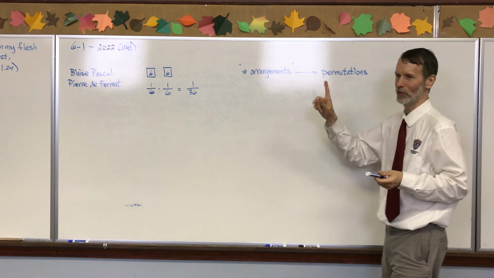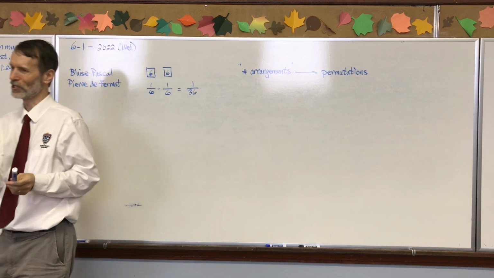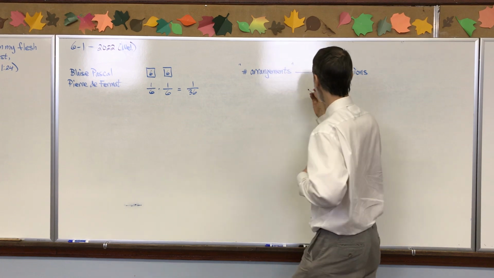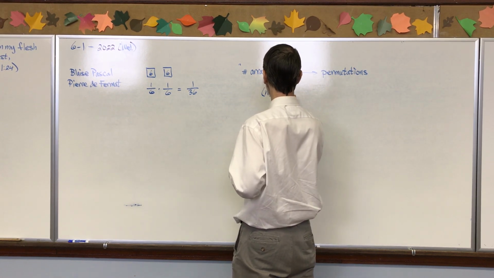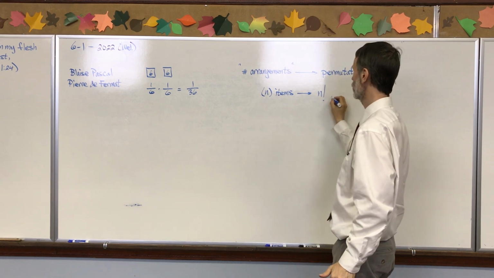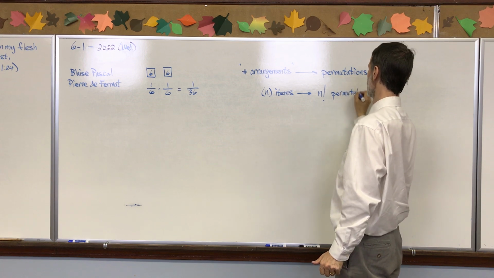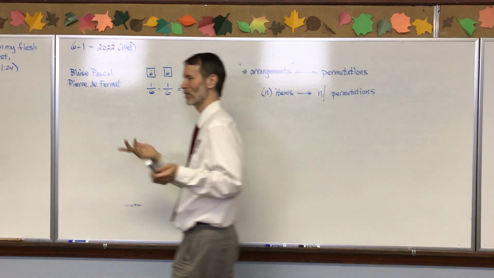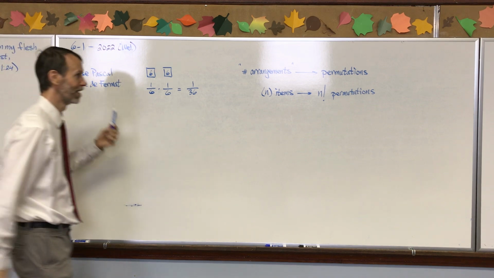So, to change through. You're changing the order over and over and counting all the ways you can do that. If you have n items, then you would have n factorial permutations. So if you have 5 items, it's 5 factorial different arrangements, or permutations: 5 times 4 times 3 times 2 times 1.